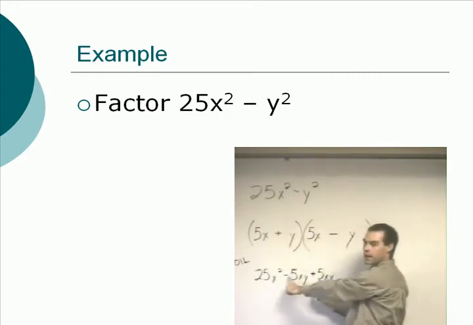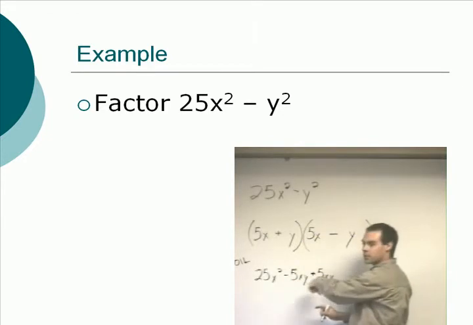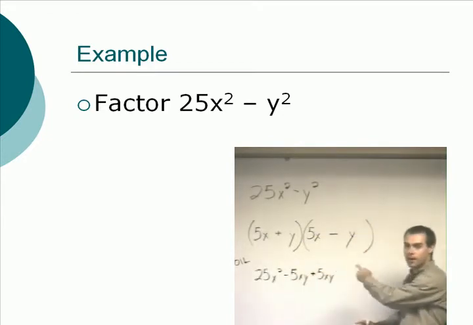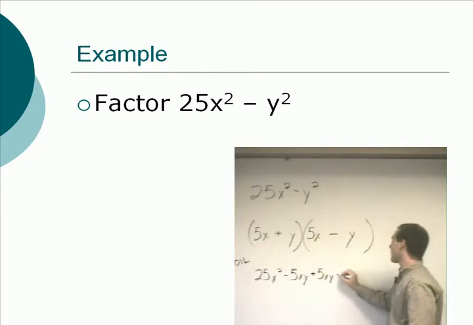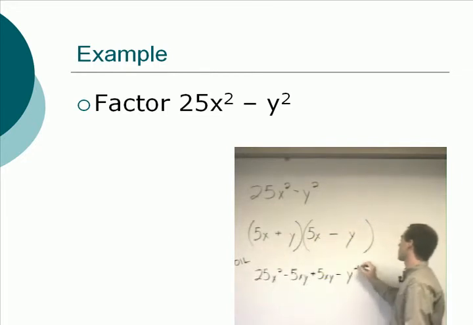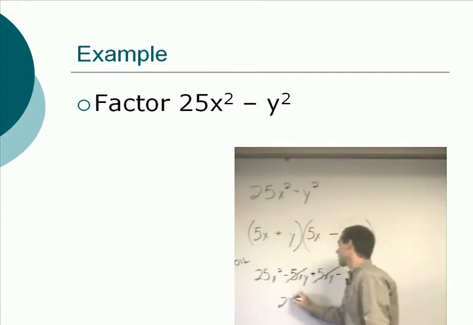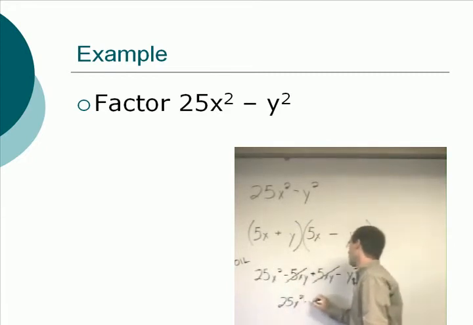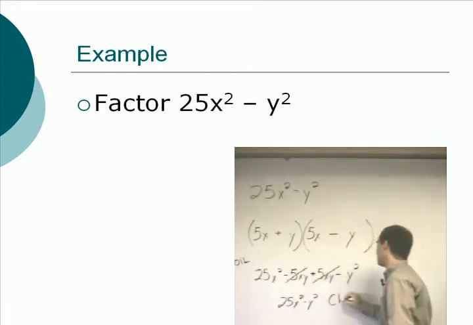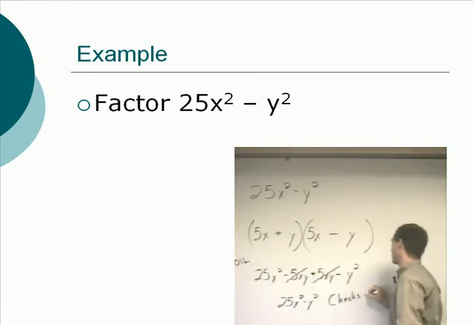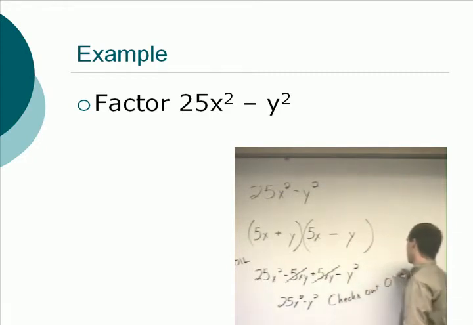That should tell you what do the opposite signs do to the O and I terms. They cancel each other out if they're opposite signs. The O and I will cancel out. And then finally, your last term is y squared. And so since those will cancel, there it is, 25x squared minus y squared, and it checks. We're good to go. It checks out just fine.